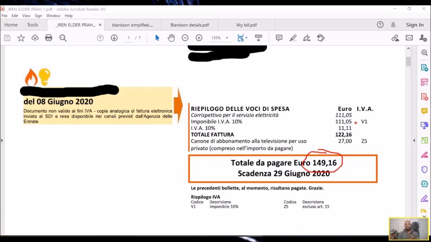So if they presume that you were going to use, for instance, 50 euros, and if they calculate effectively and you used 50 euros, then it means you have already paid that 50 euros. But if you used more than 50 euros, then you are going to pay the remaining amount they found out effectively. And if you used less than 50 euros, then they are going to do the difference.